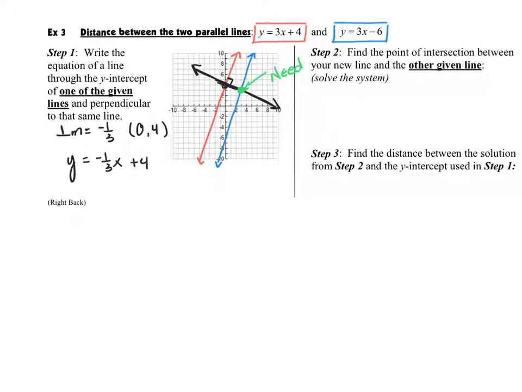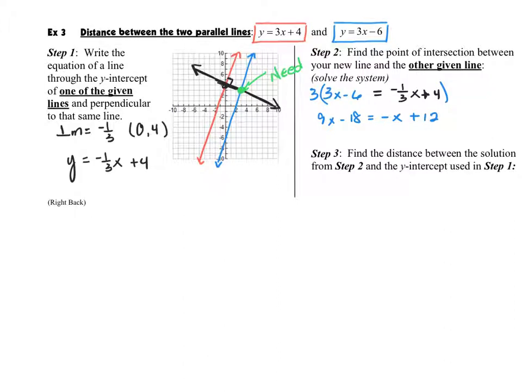I'm going to take my blue line, my 3x minus 6, and set that equal to the new equation I just did, negative 1/3 x plus 4. And then just like before, I'm going to clear out these fractions, so I'm going to multiply everything through by 3. So I'm going to get 9x minus 18 equals negative x plus 12.